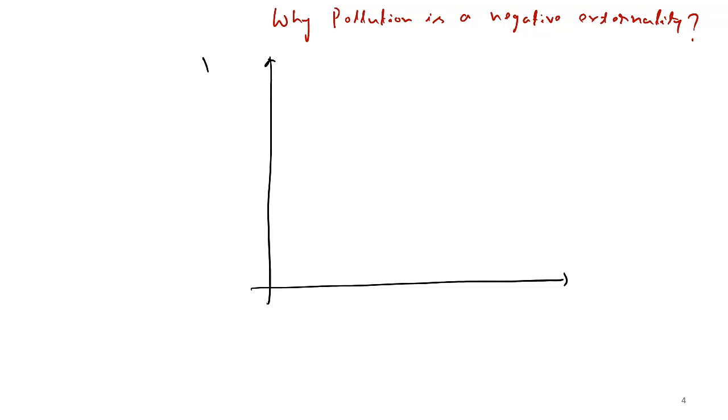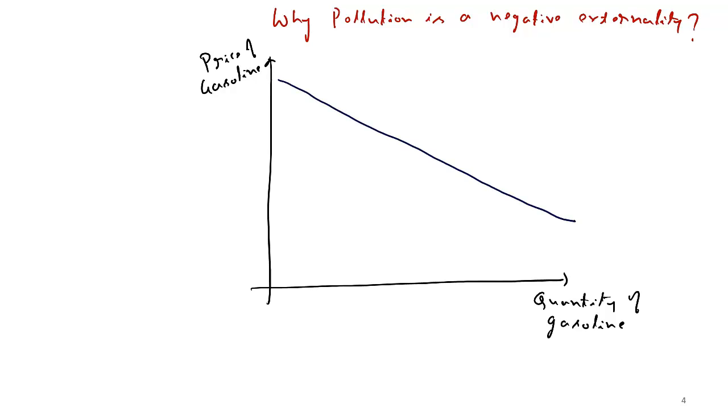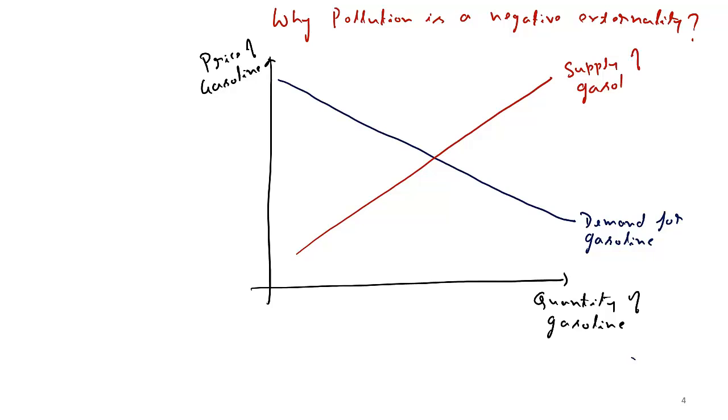So this is, let's say, price of gasoline, and this is quantity of gasoline, and we have this demand for gasoline, and we have this supply of gasoline, and this supply represents private cost or marginal cost.